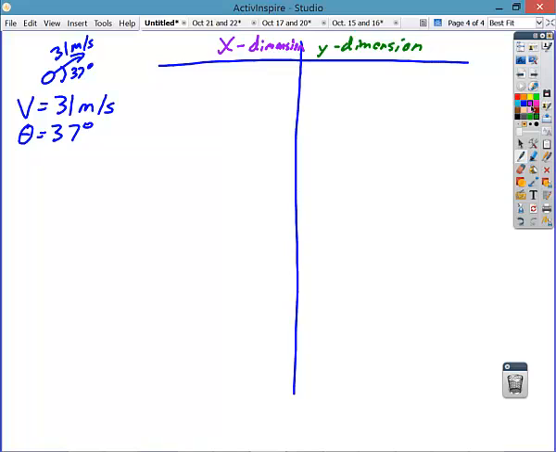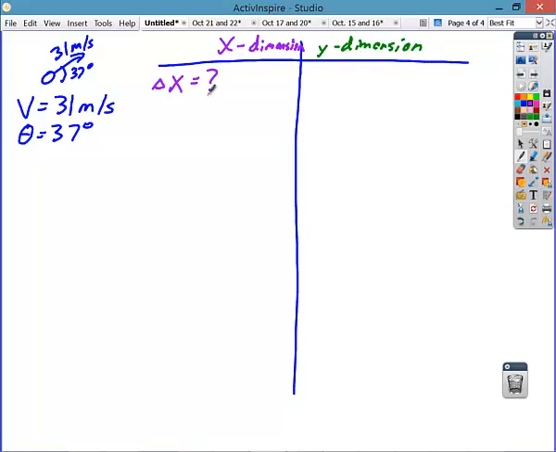In the x, delta x is what I'm looking for. So that's my unknown. How do I know that? Because it says a soccer ball is kicked from the ground with a velocity of 31 meters per second and an angle of 37 degrees above the horizontal. Find the distance that the ball travels before it hits the ground. So it does want distance before it hits the ground.